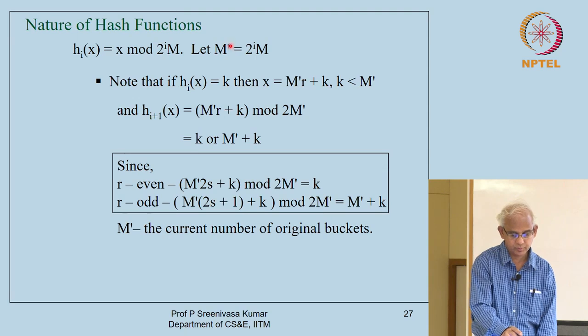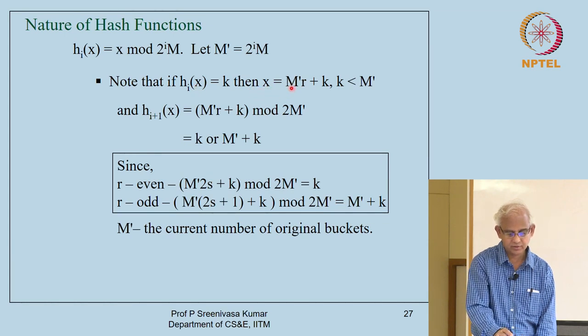Okay, let's put this 2 power i m as m prime. Now, if hi of x equals k, then you can write x as some m prime times r plus k, using the usual mod, where k is strictly less than m prime.